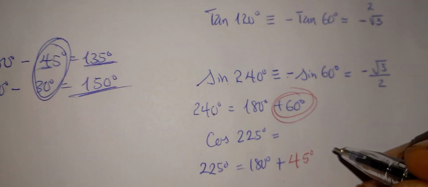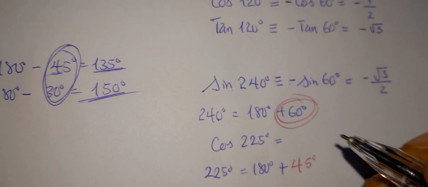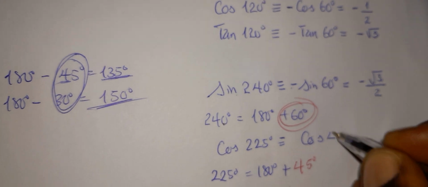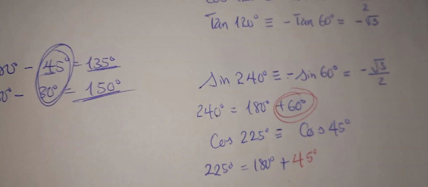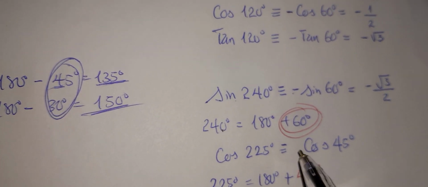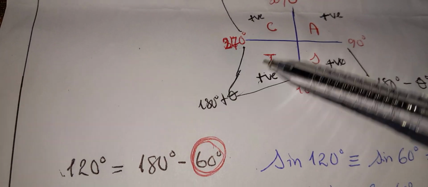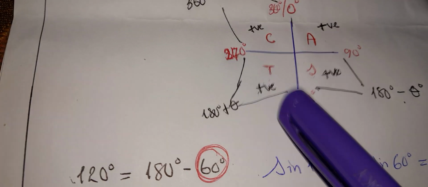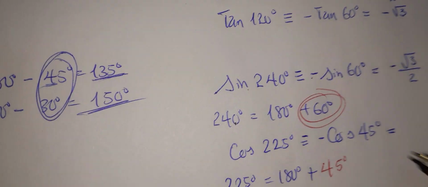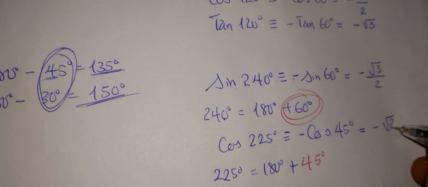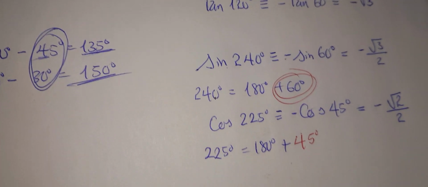So it means that cos 225 degree is equivalent to cos 45 degree. Now you have to ask yourself, is it positive or negative? 225 falls in the third quadrant, so it's going to be negative, because in the third quadrant the only thing that is positive is tan. So what is cos 45? That's minus root 2 over 2.